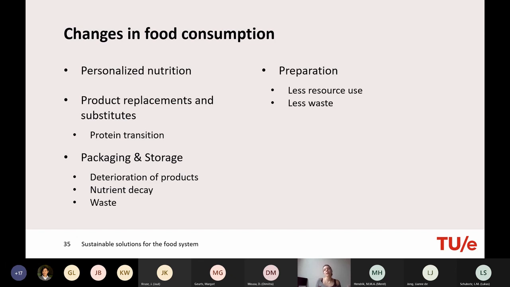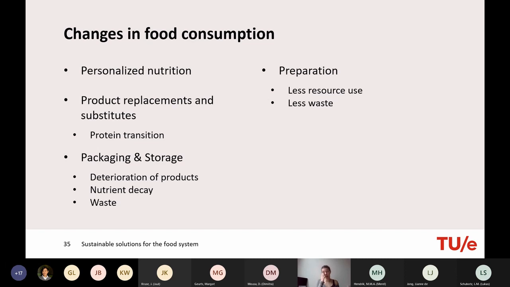And then we can try and rethink the preparation of products at the household or consumption stage, so that it's easier to use fewer resources in that process. So for example, I need less water to cook certain things, or less energy because things cook really quickly.